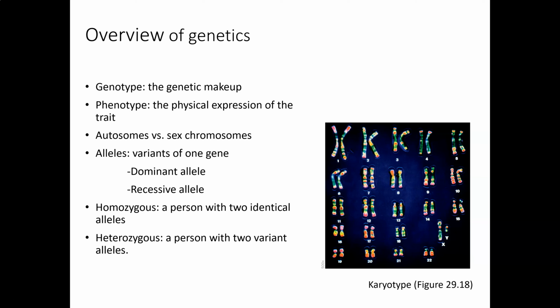We have a lot of exercises in exercise 12, and basically you use the genetic information, the phenotype and genotype of the parents, to figure out the offspring's genotype and phenotype.